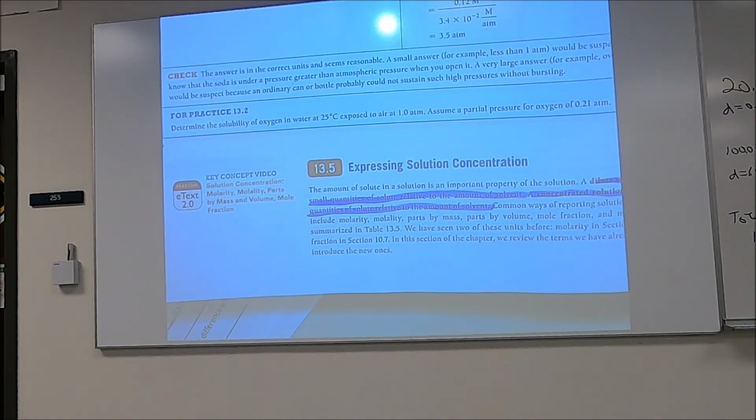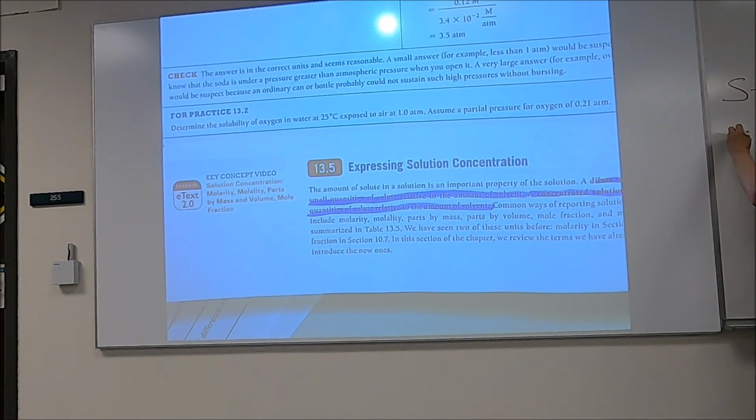Okay, if we look at problem 13.2, this is one of the practice problems. It says, determine the solubility of oxygen in water at 25 degrees exposed to air at 1 atmosphere of pressure. Assume the partial pressure of oxygen is 0.21. So in this problem, we're asked for S, the solubility.